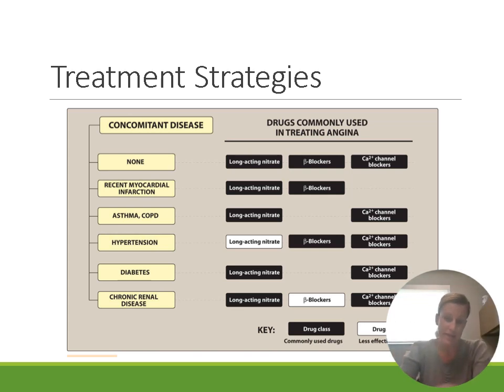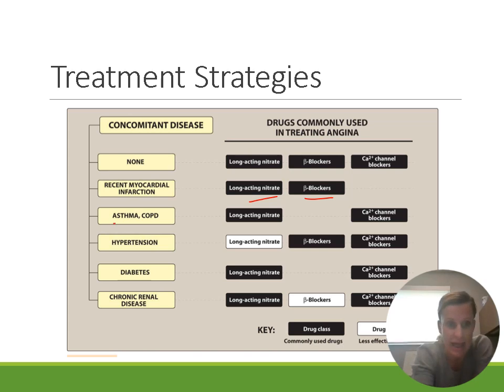Patients who've had a recent MI, once they've been stabilized, should be on beta blockers. So that's good. Long-acting nitrates are also good. So if your patient just had a recent MI, and you do the beta blocker and you're going to add something else, a calcium channel blocker or a long-acting nitrate, go with the long-acting nitrate.